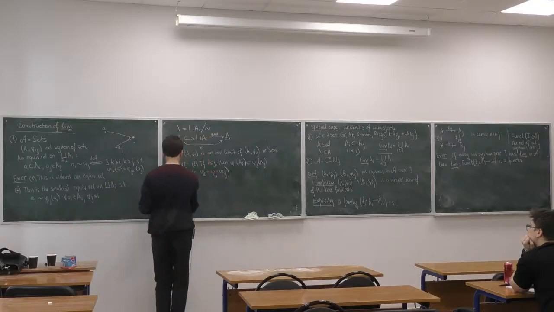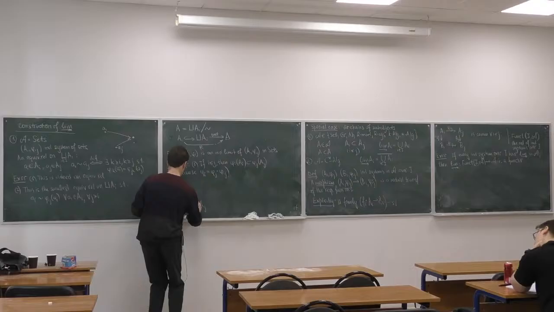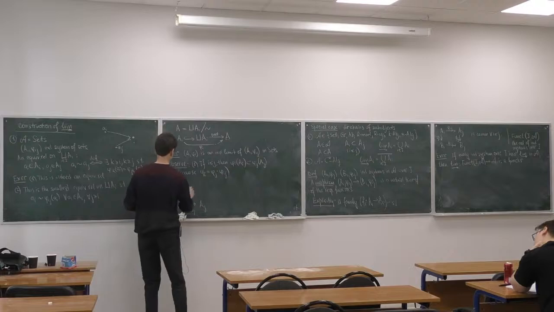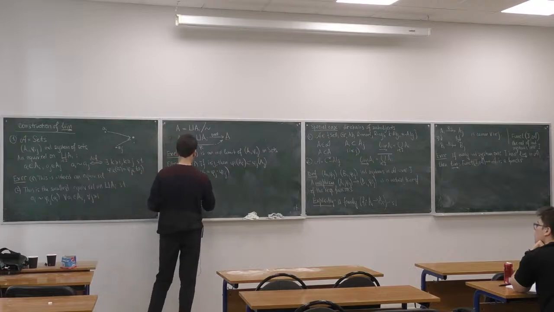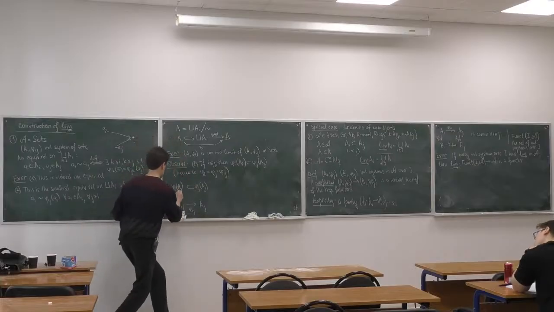So we can now consider the following picture. This is A_i, and this is A_j. This is phi_ij. Here we have their images in A. Here we have just the inclusion map, phi_i and phi_j.